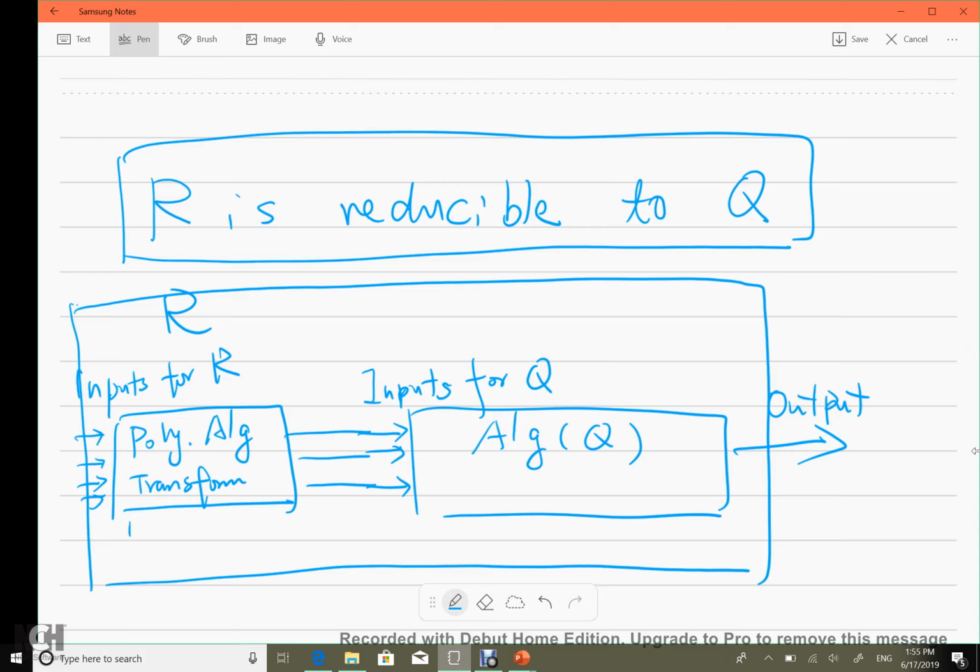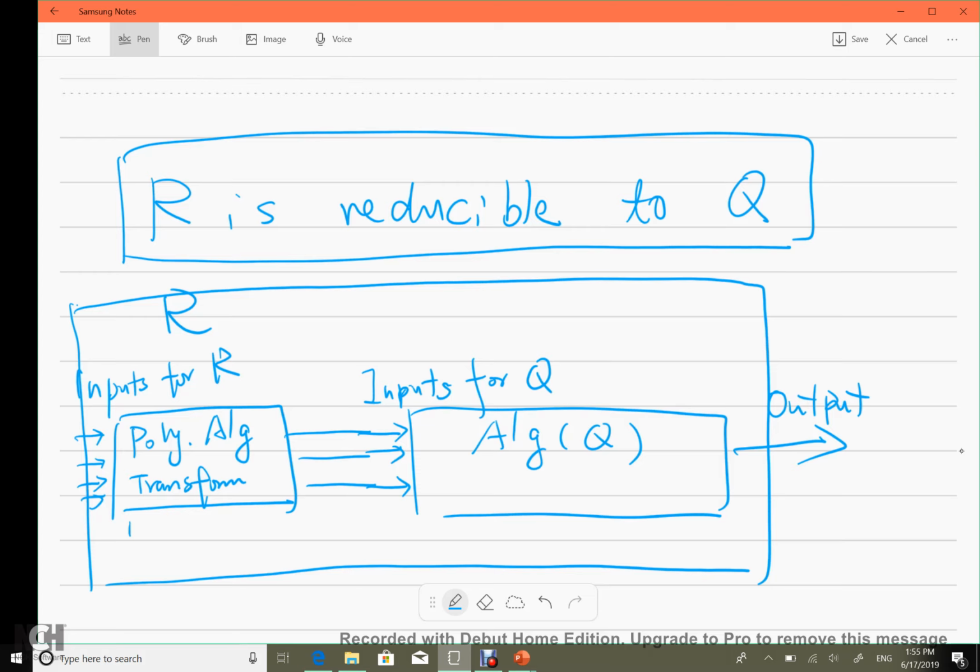Since this part is a polynomial algorithm, the tractability of R really depends on the tractability of Q. If Q is polynomial solvable, in that case R is polynomial solvable.